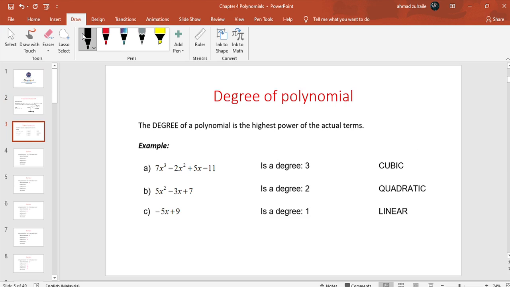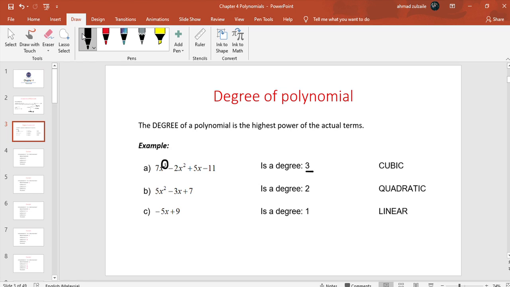Okay, so let's talk about this degree of polynomial. If you can see from this example, the degree of a polynomial is the highest power of the term. The highest power of x over here is power 3, so this is degree 3. When we have degree 3, we call it a cubic polynomial. I believe you're familiar with the quadratic polynomial, where the highest power of x is power 2.